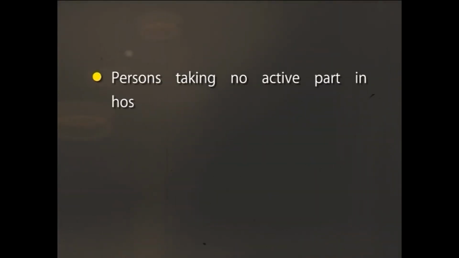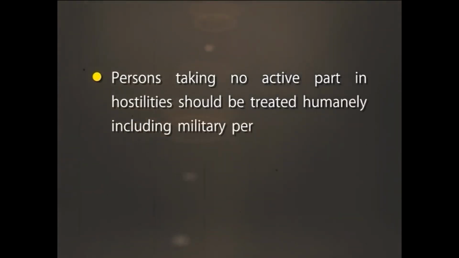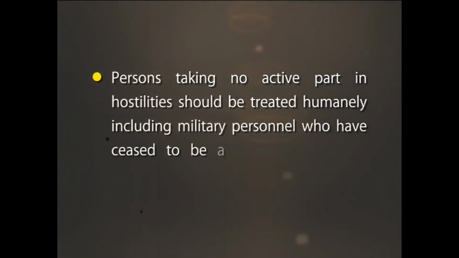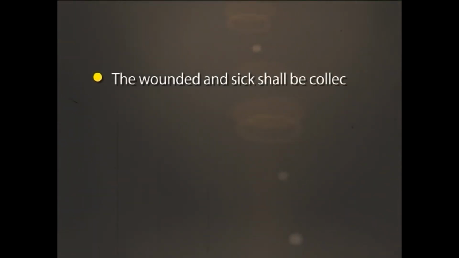It provides limited protection to victims, including that persons taking no active part in the hostilities should be treated humanely, including military personnel who have ceased to be active as a result of sickness, injury, or detention. The wounded and sick shall be collected and cared for.